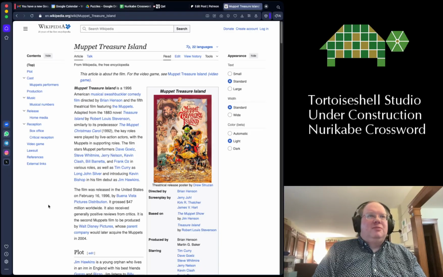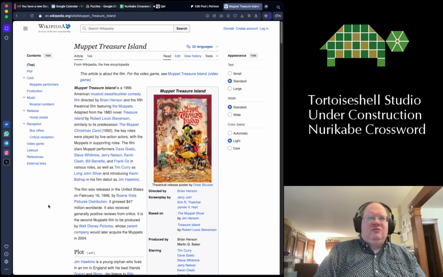Let's see, Brian Henson was the director. Jim Hawkins is a little bit short. Brian Henson is short too. The answer, I mean.